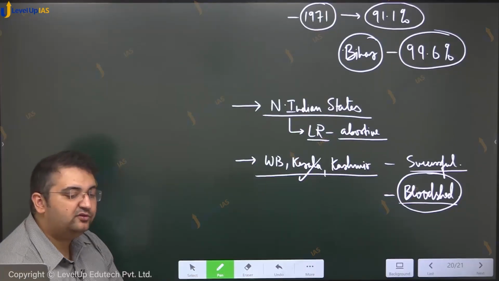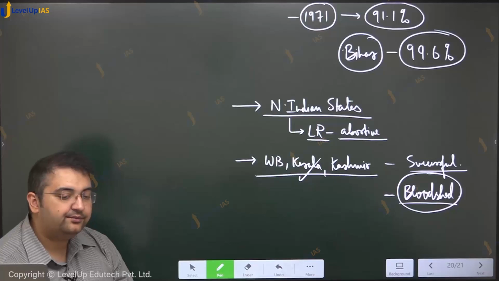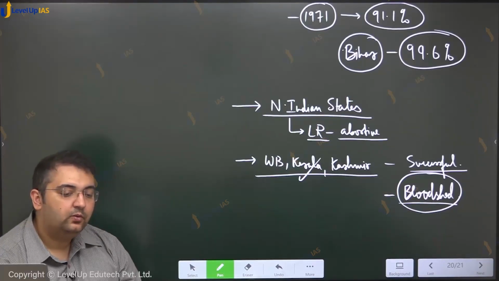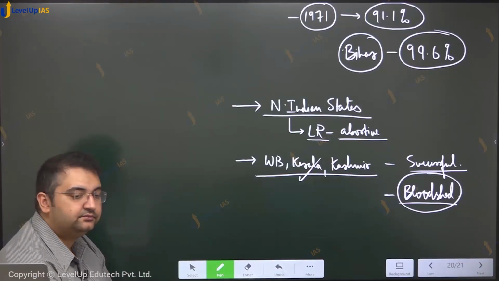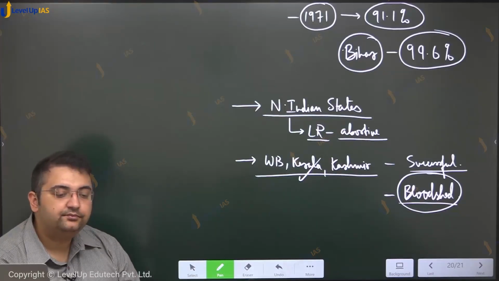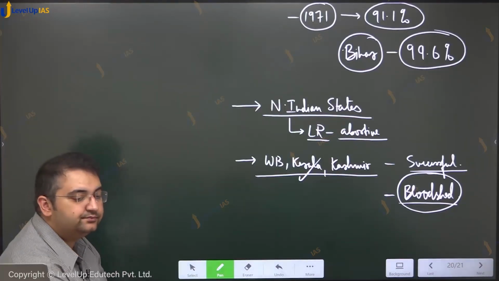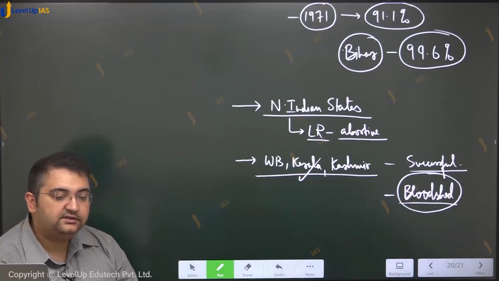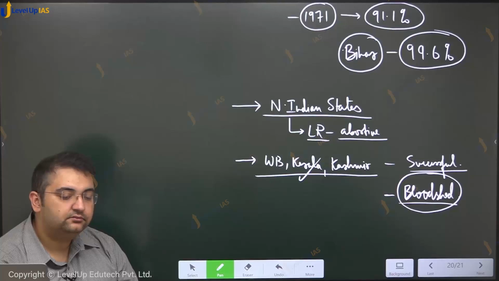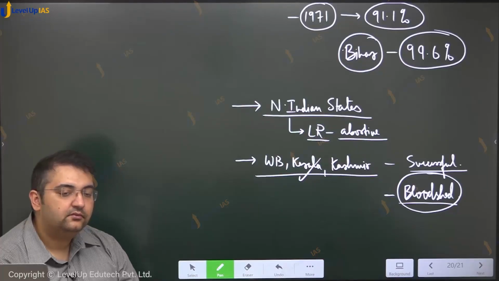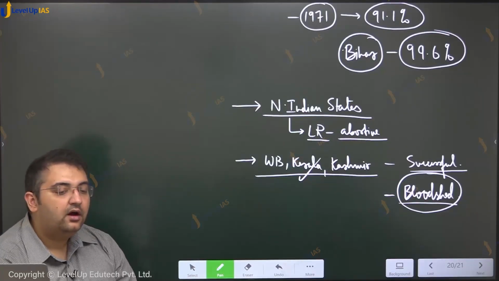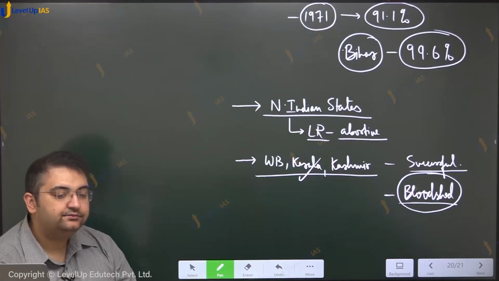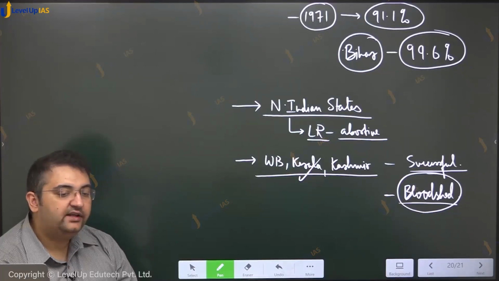A parallel Gramdan movement was launched in Odisha. These movements called upon zamindars to voluntarily donate a portion of their lands to be distributed among peasants.